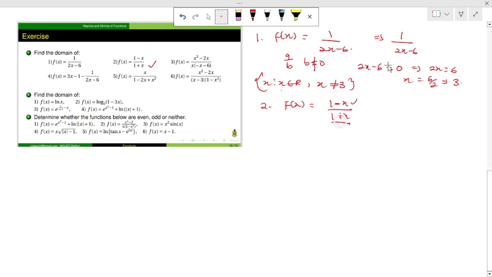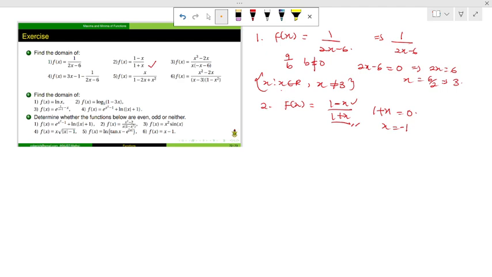So that is where we can get terms to make this function undefined. So how do we go about this? To find the set of numbers that make this function undefined, meaning that 1 plus x, which is the denominator, should be equal to 0, right? Hence x should be equal to negative 1. So negative 1 is the input that will make this function undefined.